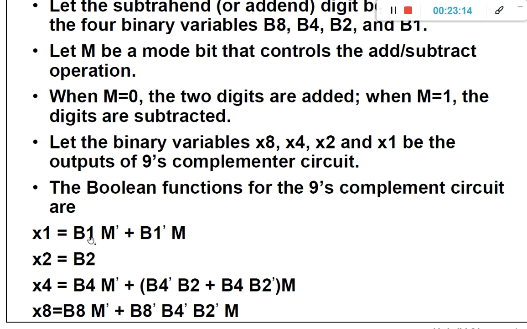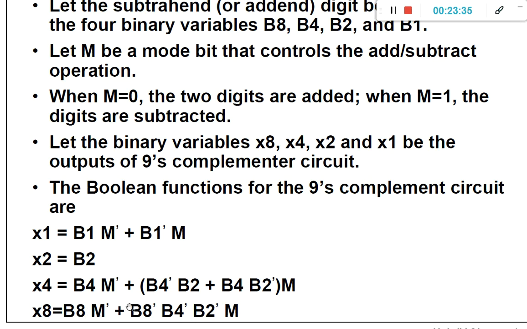We can derive them using these Boolean functions. X1 is derived as b1 into m dash plus b1 dash into m. X2 is derived as b2. X4 is derived as b4 into m dash plus b4 dash b2 plus b4 b2 dash into m.